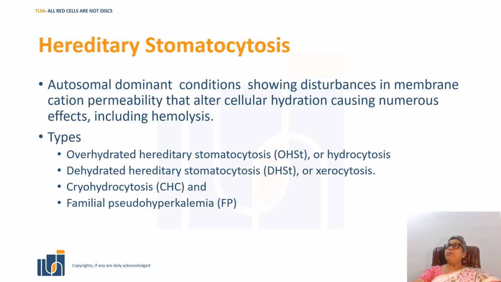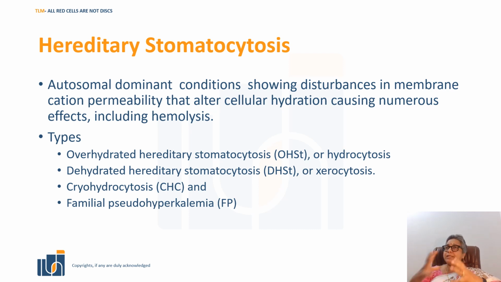Now, hereditary stomatocytosis is an autosomal dominant condition, which shows a defect in the membrane cation permeability. That alters cellular hydration, causing numerous effects, including hemolysis. We all know that the RBC membrane is semi-permeable and there is a movement of anions and cations across the cell membrane.